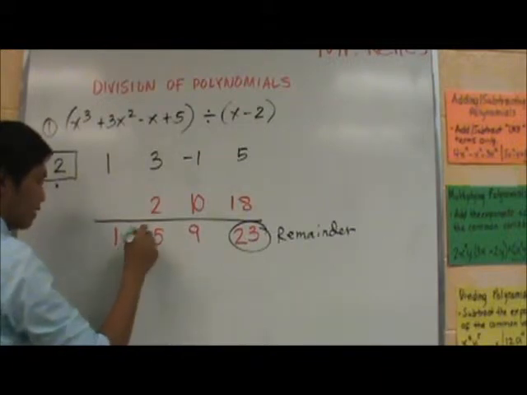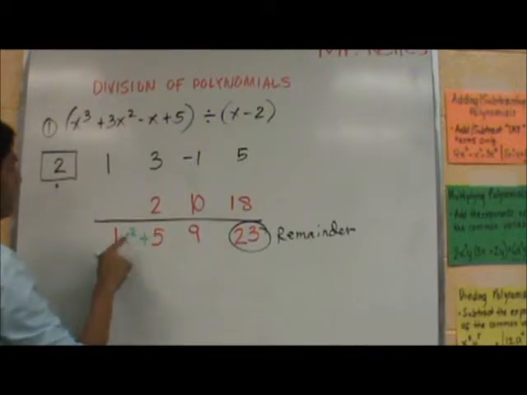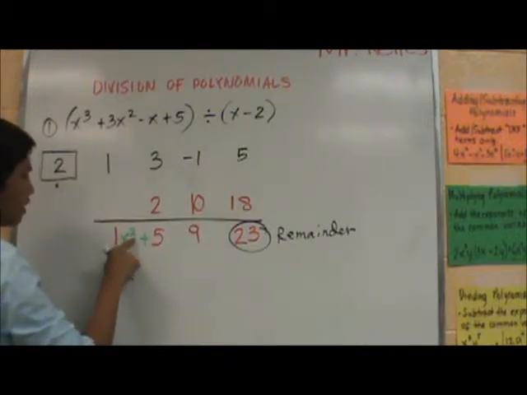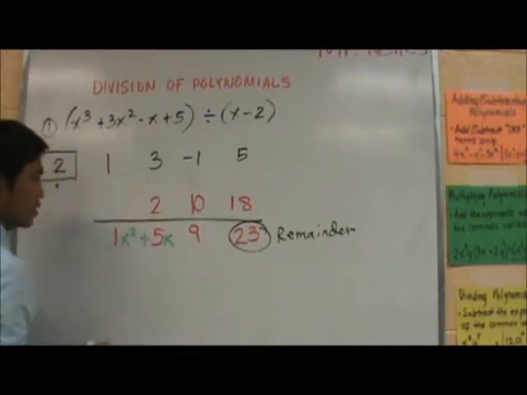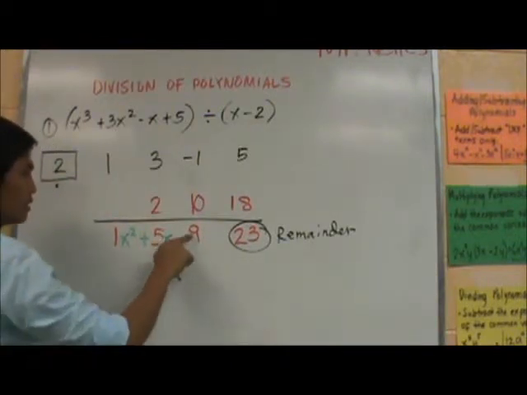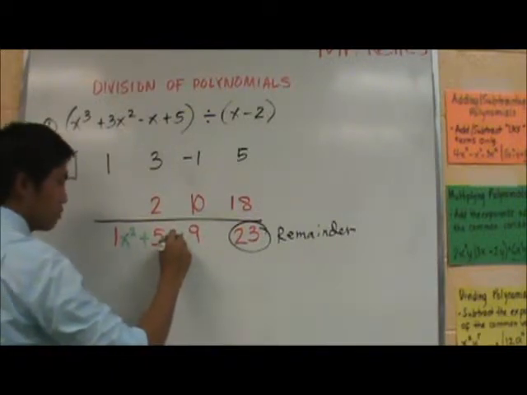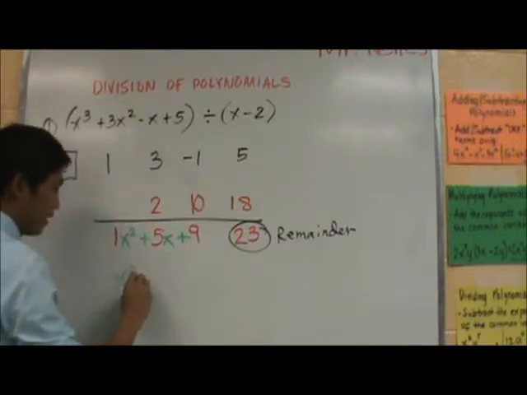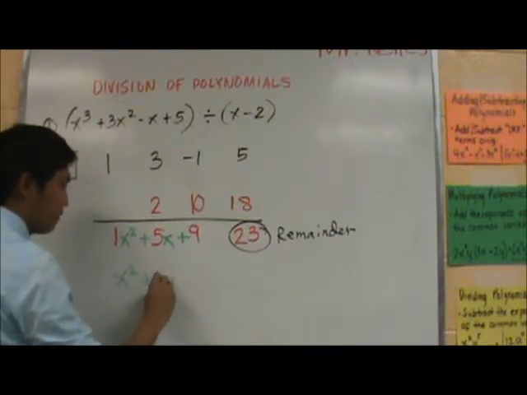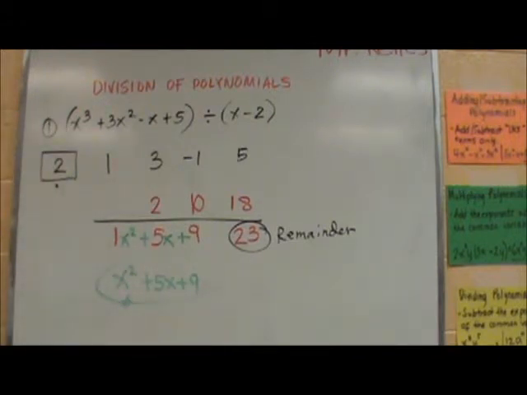This is positive, so I'll add the plus sign. Next to x squared is x to the first power, and since this is 9, just put plus 9. So we can finalize our answer: x squared plus 5x plus 9, and this is the quotient.